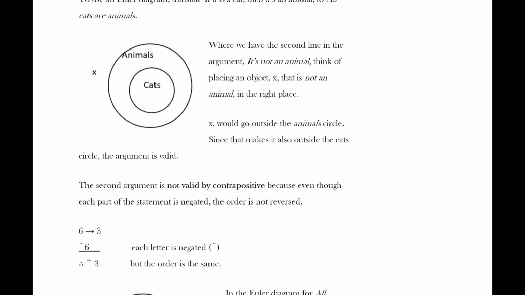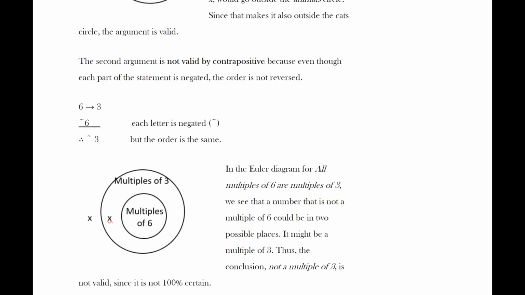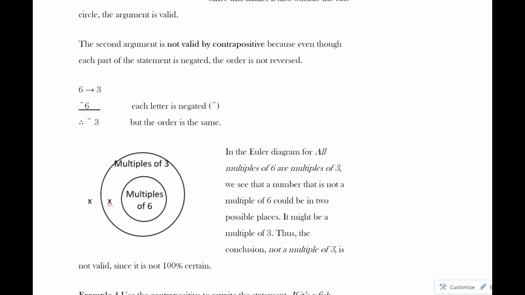The second argument is not valid because even though we negated each part of the statement, the order was not reversed. And you can see why it's not true because in the Euler diagram, all multiples of 6 are multiples of 3, which is true.